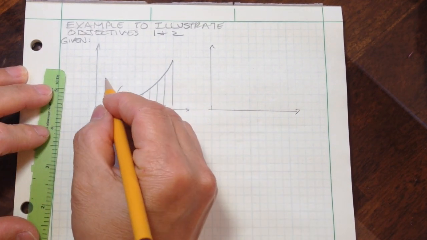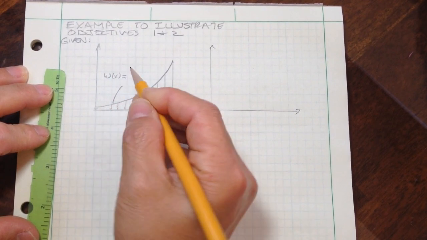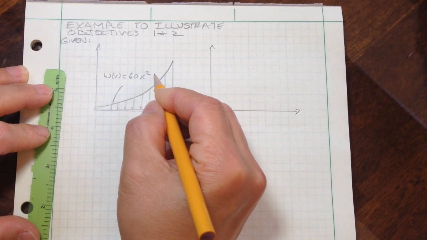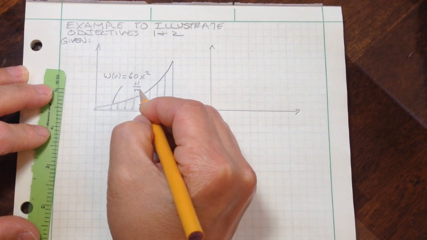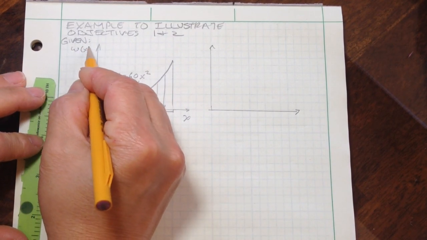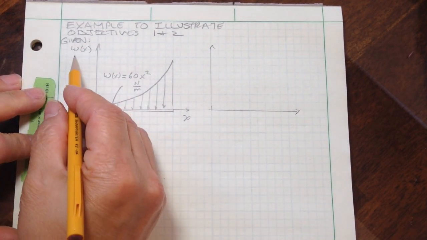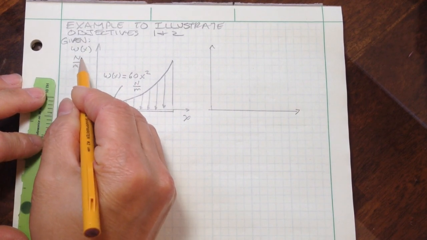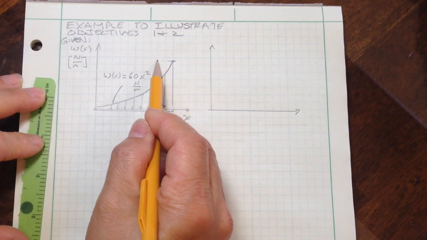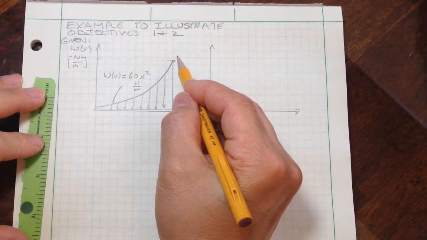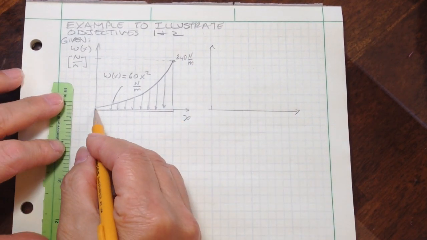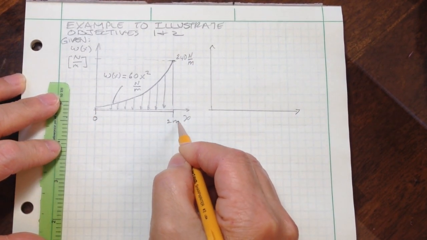So we're given this loading function, and it has an equation of 60x squared, in newtons per meter, this being my x-axis, this being my W of x axis. And they tell us also that the magnitude right there is actually 240 newtons per meter. And here's 0, and it's 2 meters in length.